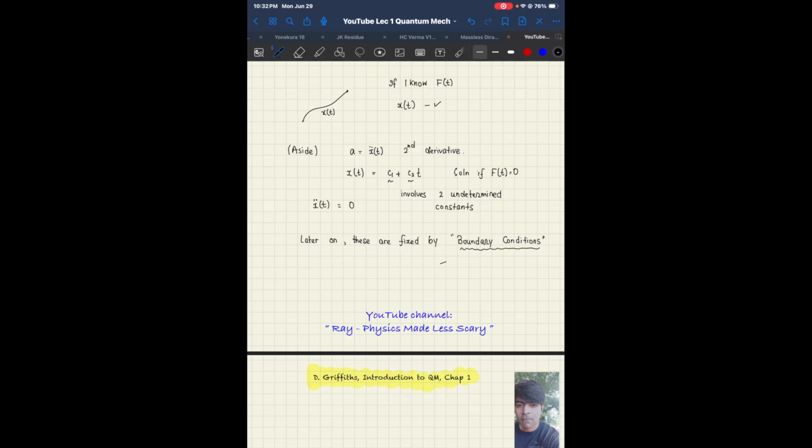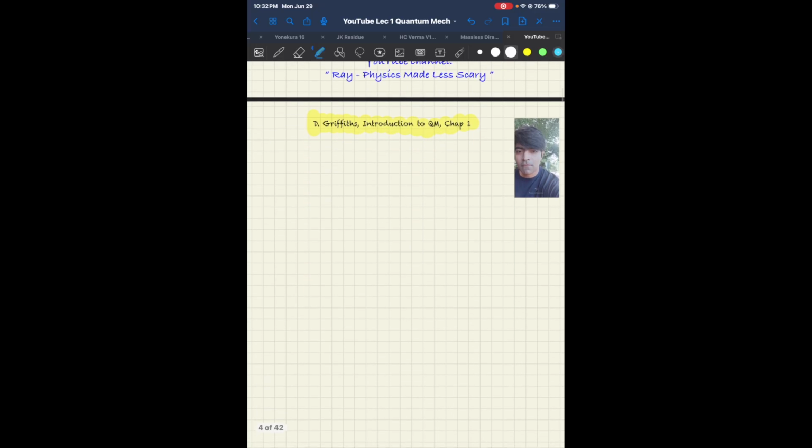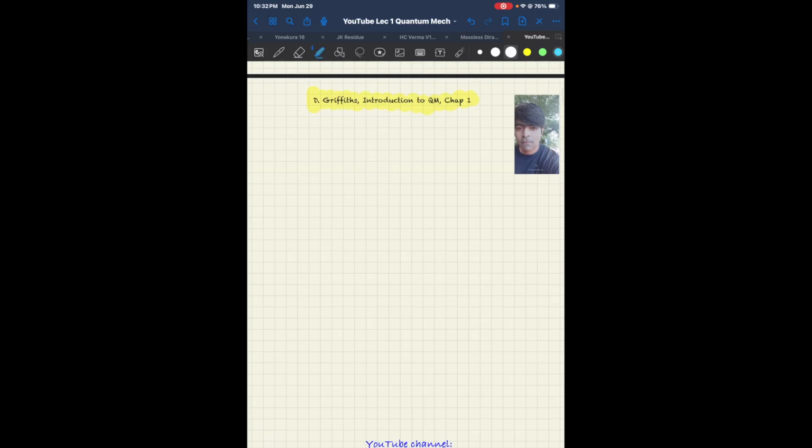And this is crucial in physics. I don't know if you are told this in high school or in your undergrad courses. This is actually crucial. Boundary conditions. Good. This was basic classical mechanics, right? This is the root of your classical mechanics.